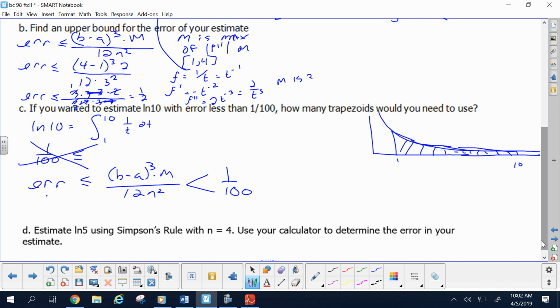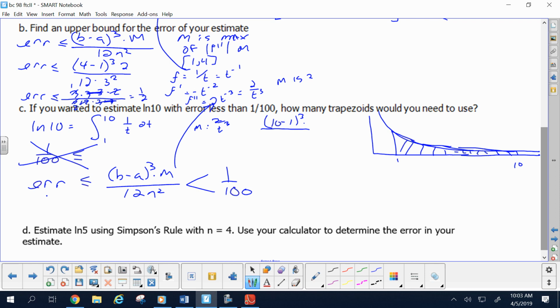The error is not to worry about anymore. B minus A, in this case, is (10 minus 1) cubed. And m, looking at our previous work here, what would m be in this case? If it's still 2 over t cubed, but now the max on 1 to 10, what is it?